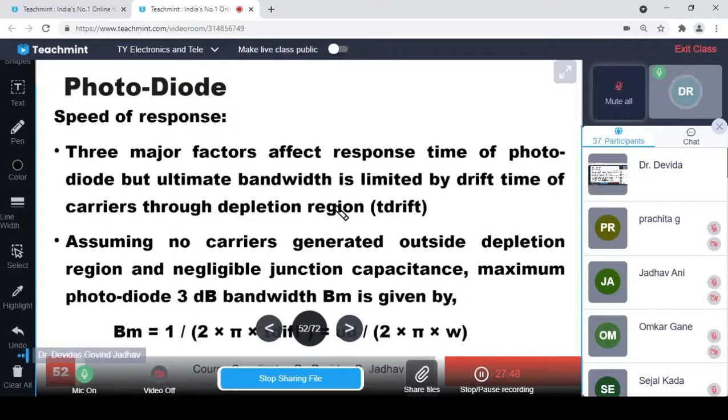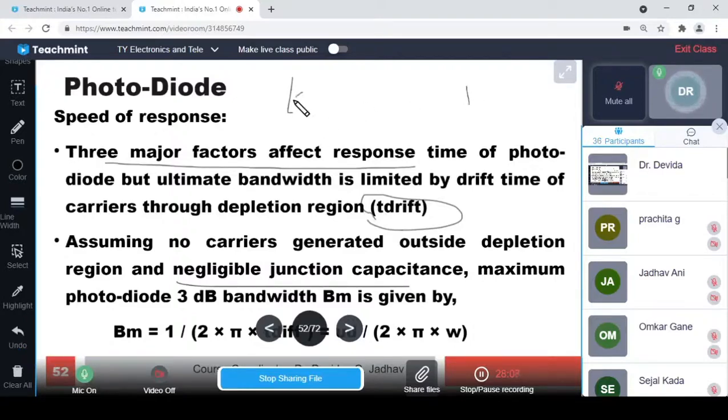So three major factors affect the response time. Out of that, T drift is important because diffusion is not there in all devices, and the capacitor is also negligible whenever the depletion width is sufficiently long. We are already increasing the depletion region in the diodes.